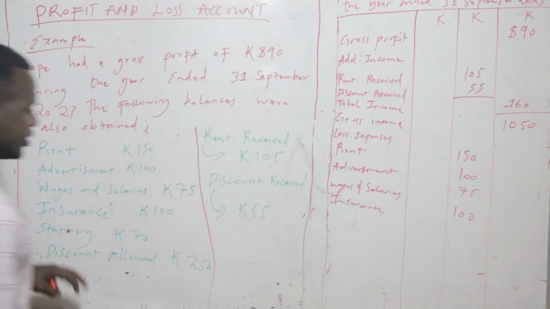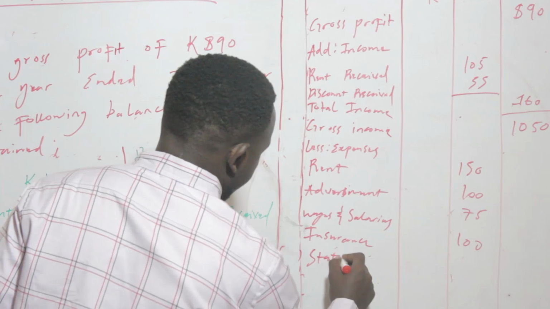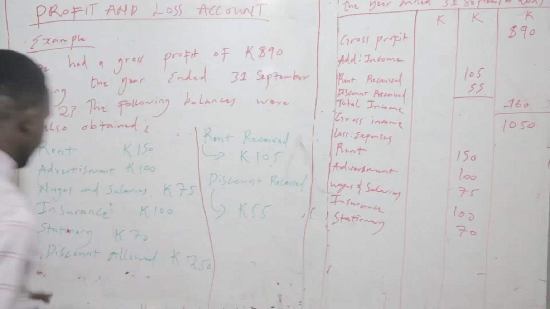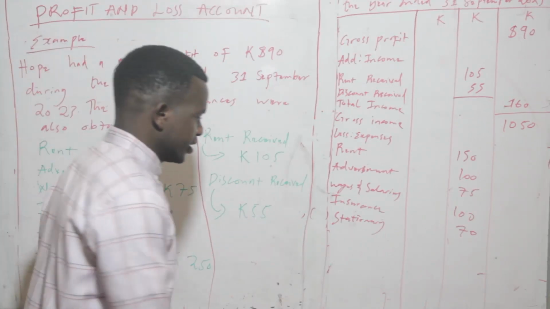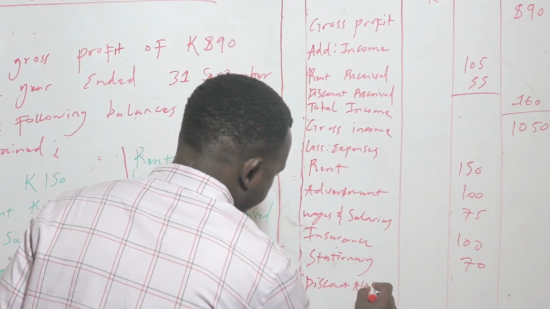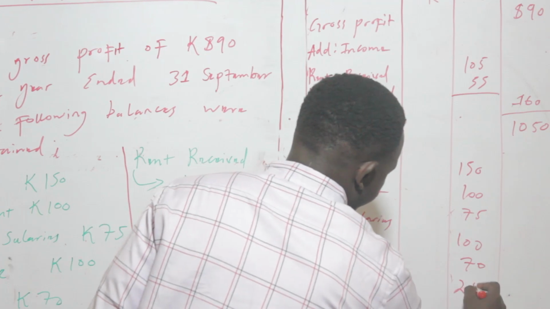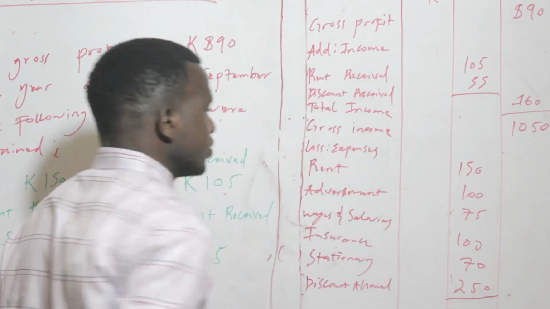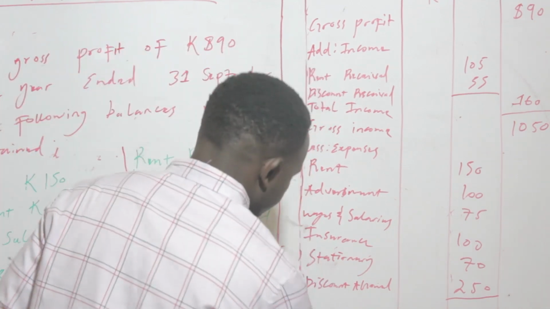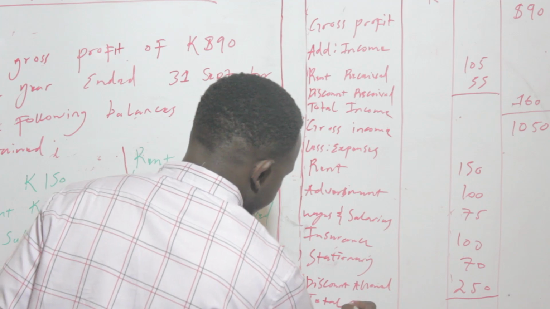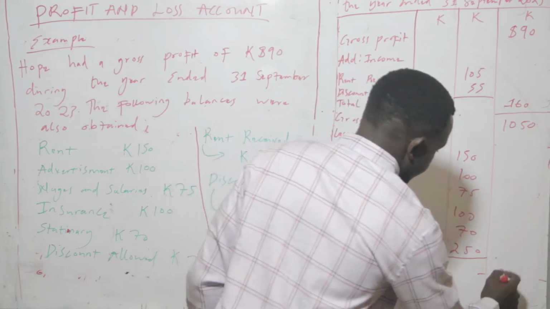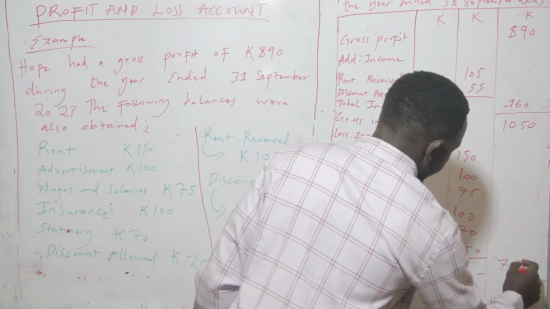Then we have stationery 70. Then we have discount allowed 250. So we'll say 150 plus 100 plus 75 plus 100 plus 70 plus 250. We're going to have total expenses. So our total expenses, we're going to have 745.